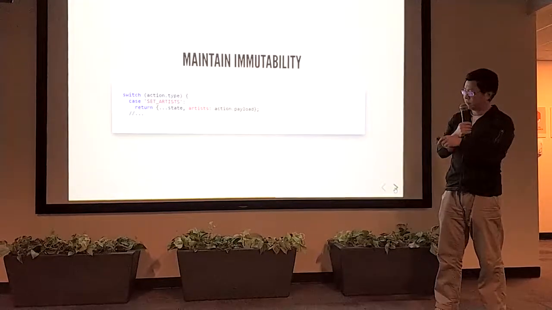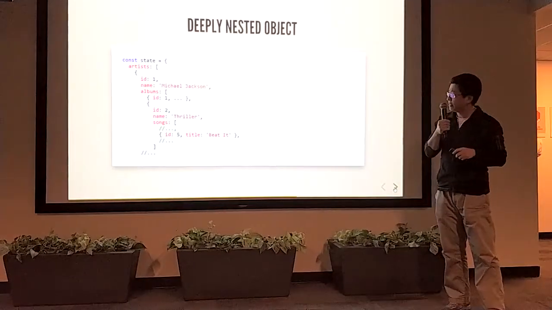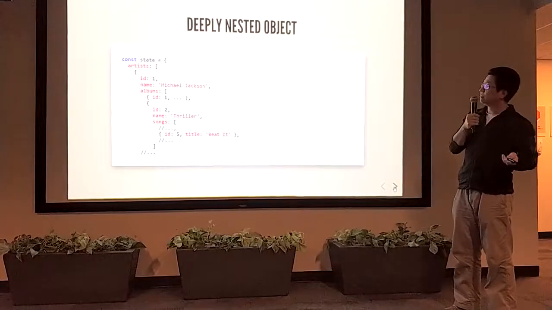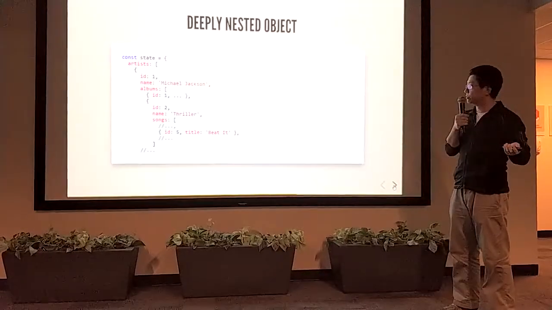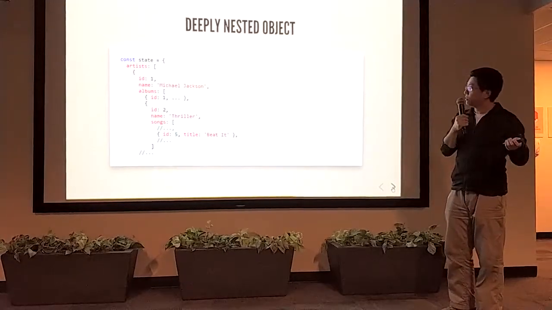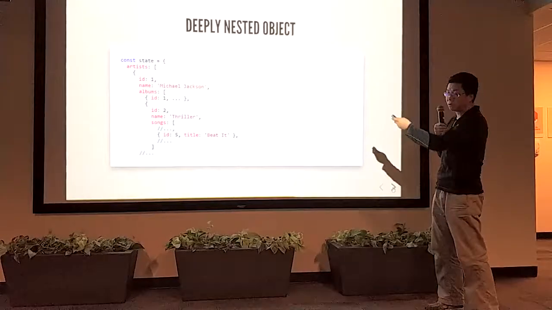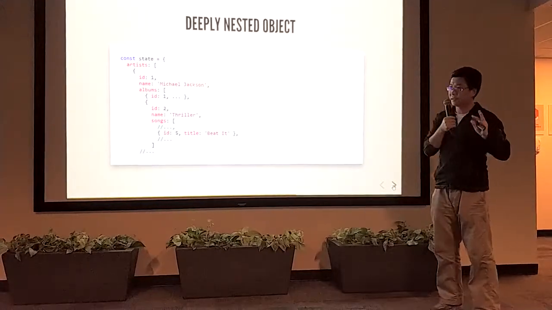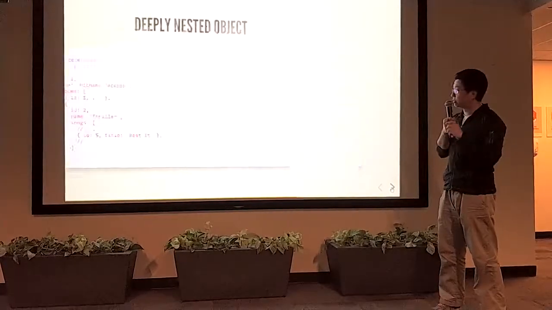But the problem is when it comes to deeply nested objects. Say, for example, we have an object like that. We have a list of artists, and then each artist has a list of albums, and then each album has a list of songs. So now, if we want to change a property, for example, the title of a song, and if we want to keep the whole object immutable, this is what we have to do.